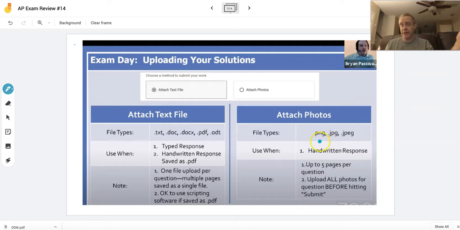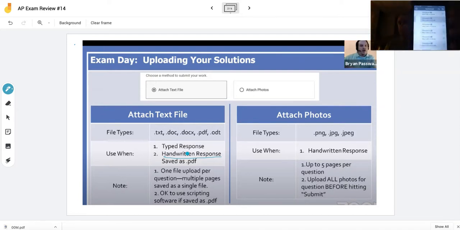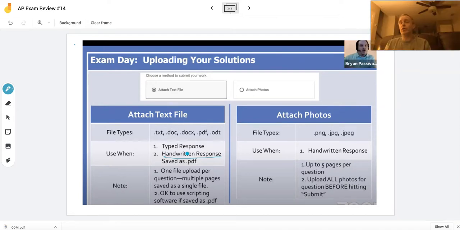Well, the College Board has updated things so that, if you decide to still go the route of writing out your work, you can use a particular app. I personally use the TurboScan app, which I've been using to post all my solutions to the Google Classroom site.